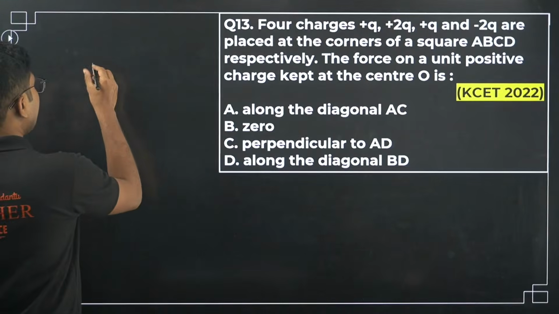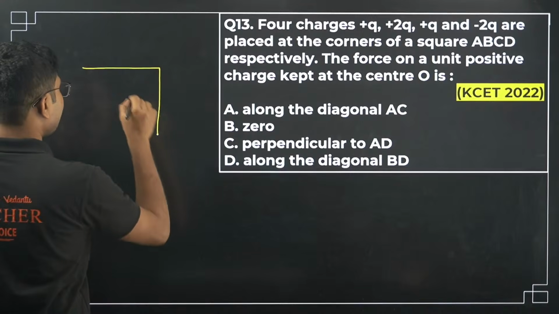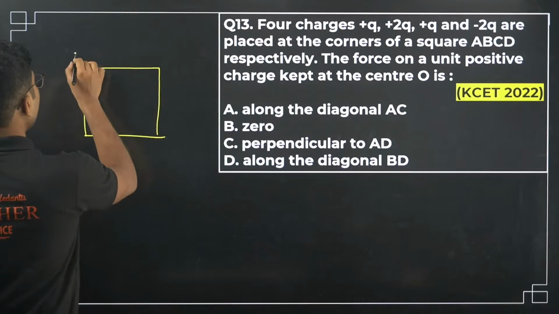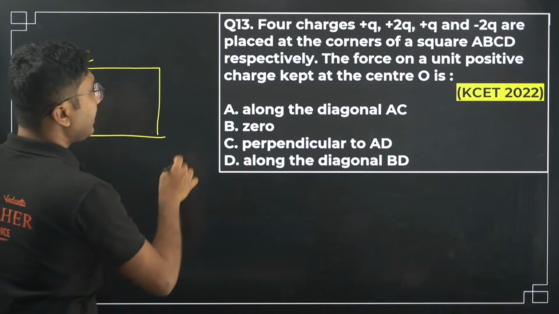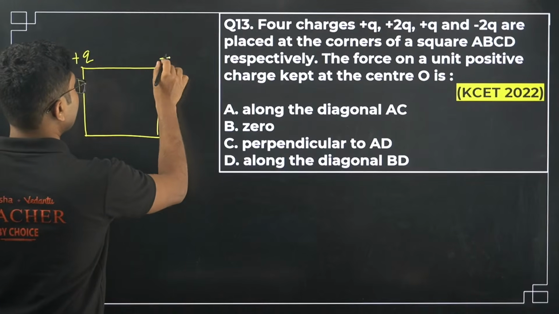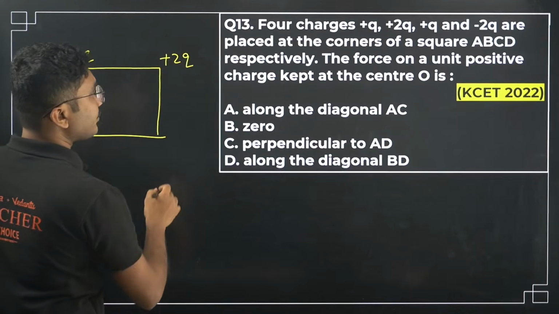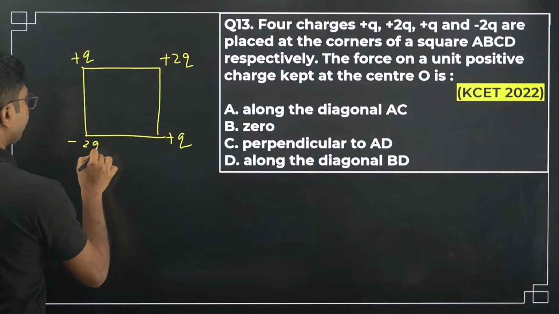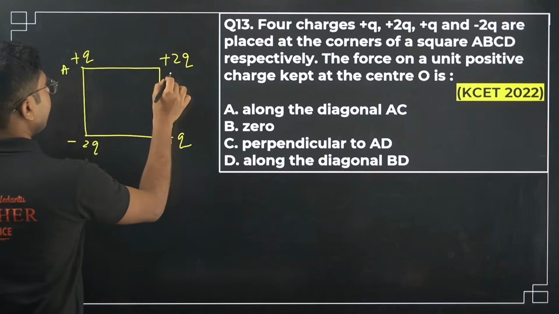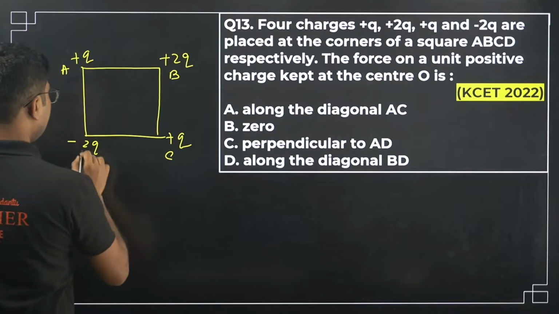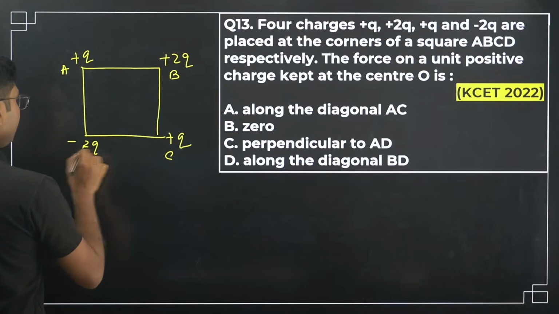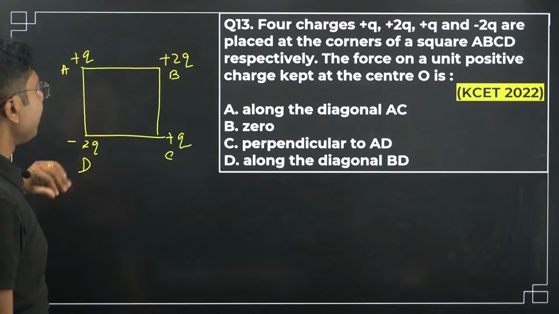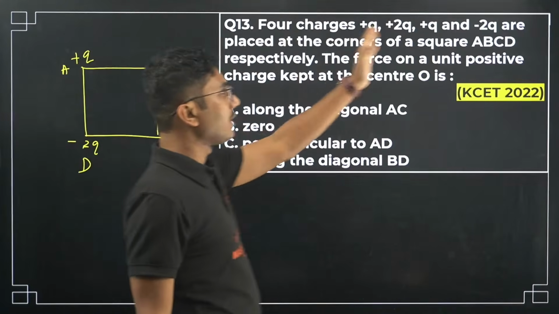Obviously, let's see by starting with the diagram first. Here we have plus Q, plus 2Q. Next we have another plus Q, and we have minus 2Q. A, B, C, D. So this is how the points are arranged. Now naming is very, very important according to the order.